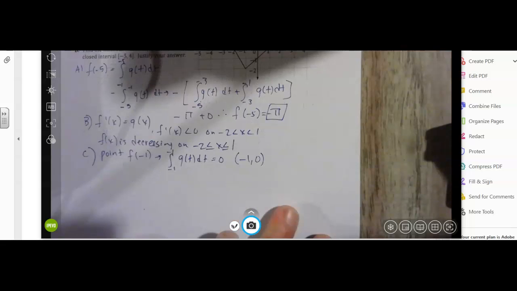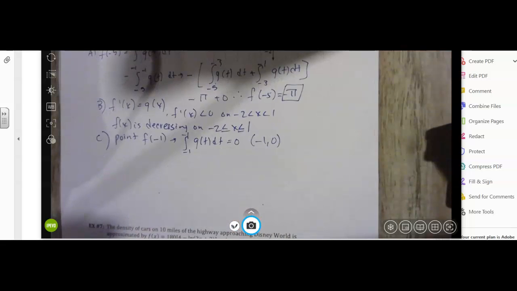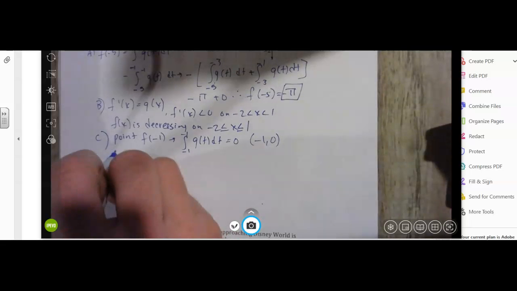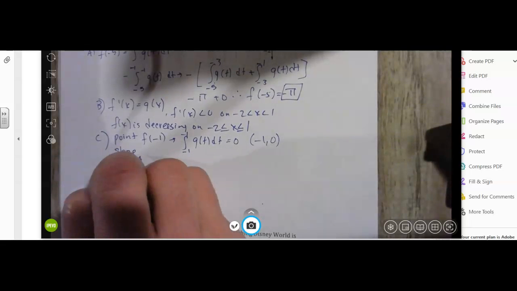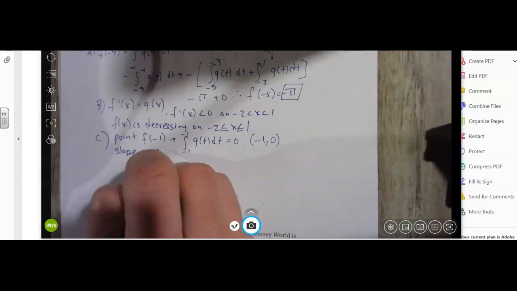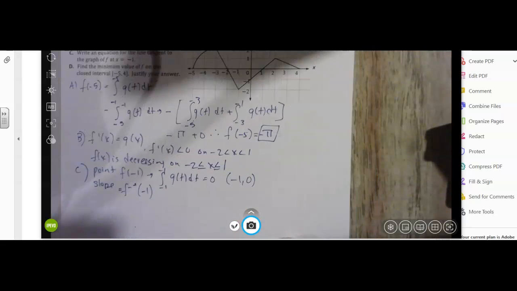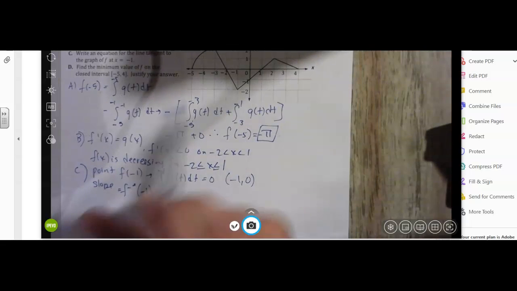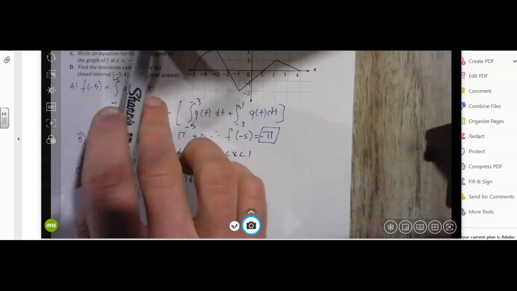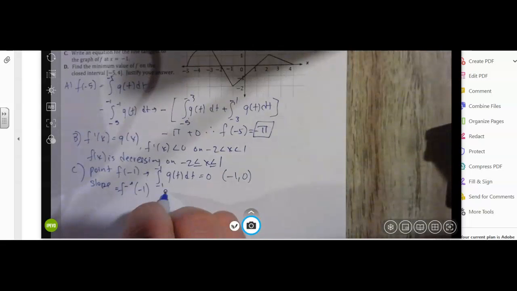So we know a point that the line goes through, and we need to find the slope. Well, the slope is going to equal f prime at -1. Well, what's f prime at -1? f prime is just g, so it's going to be g of -1. And g of -1 is -2.